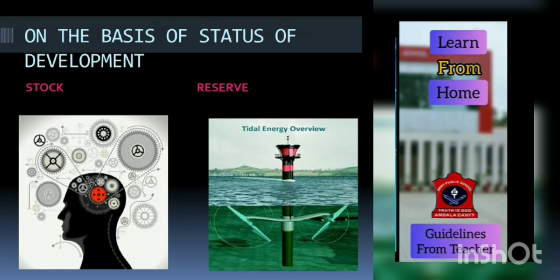Reserves, on the other hand, are the resources available in nature. We also know the technical know-how of their use, but their use is being limited. They are not being completely used in all the regions.